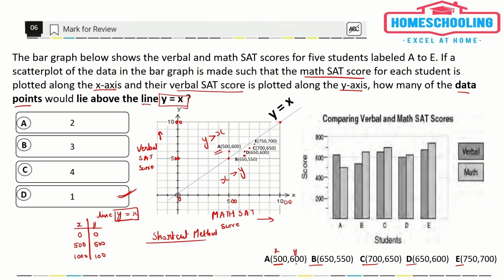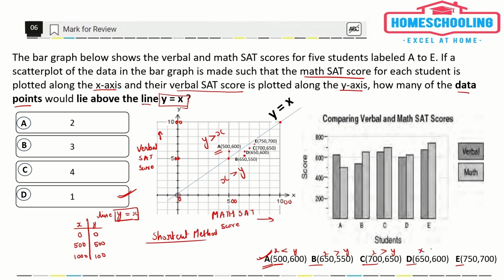As we can see here, for student A, the value of y, that is verbal score, is greater than the value of x, that is math SAT score. So we have only one remaining here. For this one, x is greater than y. X is greater than y. X is greater than y. For student A, the math SAT score was less than the verbal SAT score.